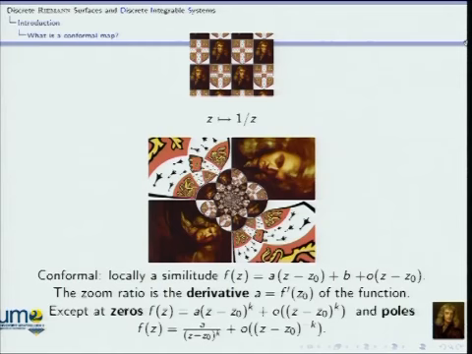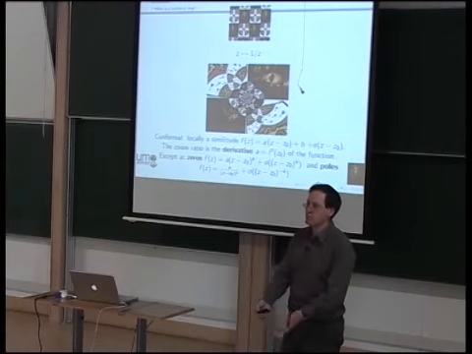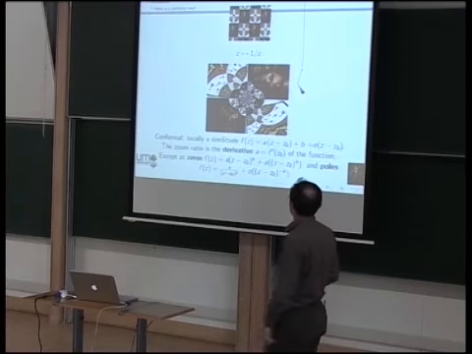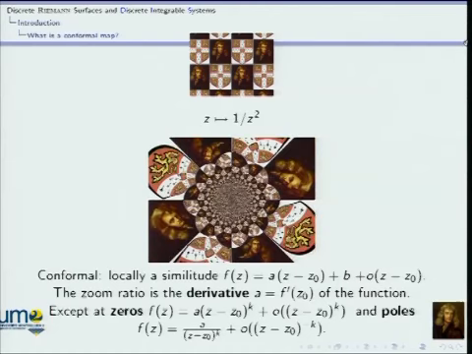Here you see that at 0 it goes to infinity. How do you discretize that? Of course, you're not going to require that at some point the value is blowing up to infinity. So you've got to come up with other ways of having simple order poles. You can have poles of higher order, and things get more complicated even in the discrete case, and I don't know how to deal with the higher order poles.